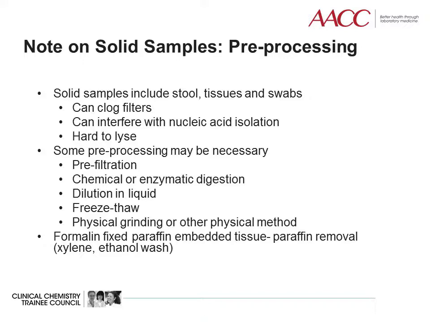Additional pre-processing steps such as filtration, digestion, dilution, freeze-thaw cycles, or physical manipulations can be useful steps. Formalin-fixed paraffin-embedded tissue is a common solid sample type used for nucleic acid analysis. Pre-processing of the tissue with xylene and ethanol washing is often used to remove paraffin prior to nucleic acid extraction.